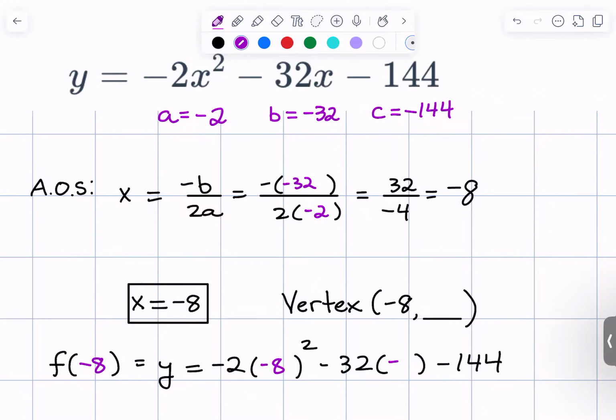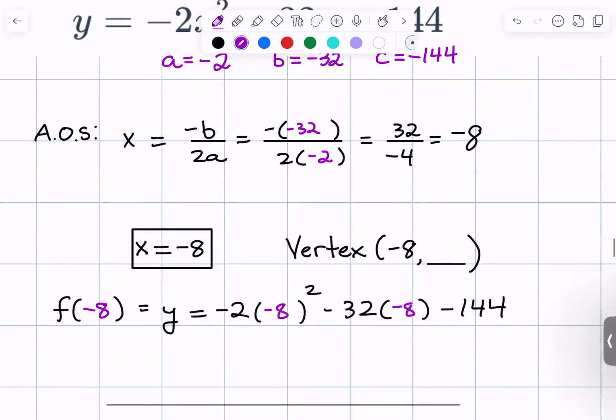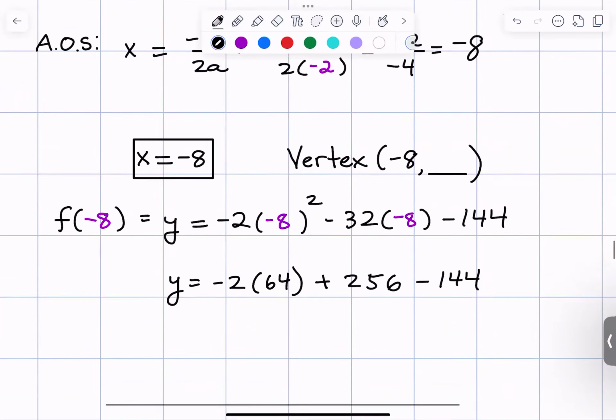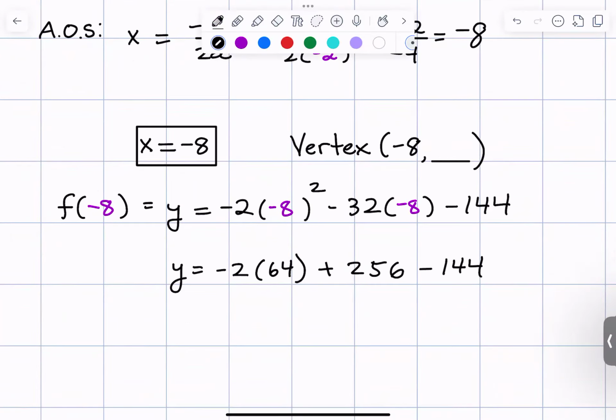So y equals -2 times 64 plus, because -32 times -8 is positive 256, minus 144. 64 times -2 is -128 plus 256 minus 144.